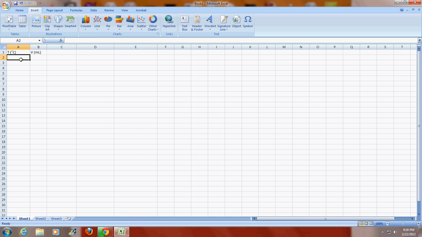So I'm going to enter in the data that I have, and we're going to have some error because if you recall, you were supposed to have recorded the temperature to 1/10 of a degree and the volume to 1/100th, and because most of the class didn't do that, even though you were instructed to, there's going to be quite a bit of error associated with your experiment, so keep that in mind.